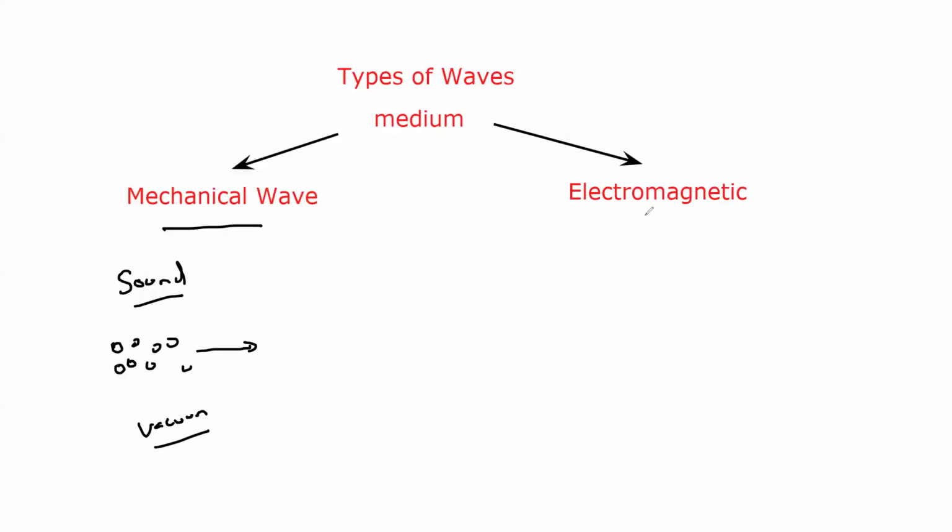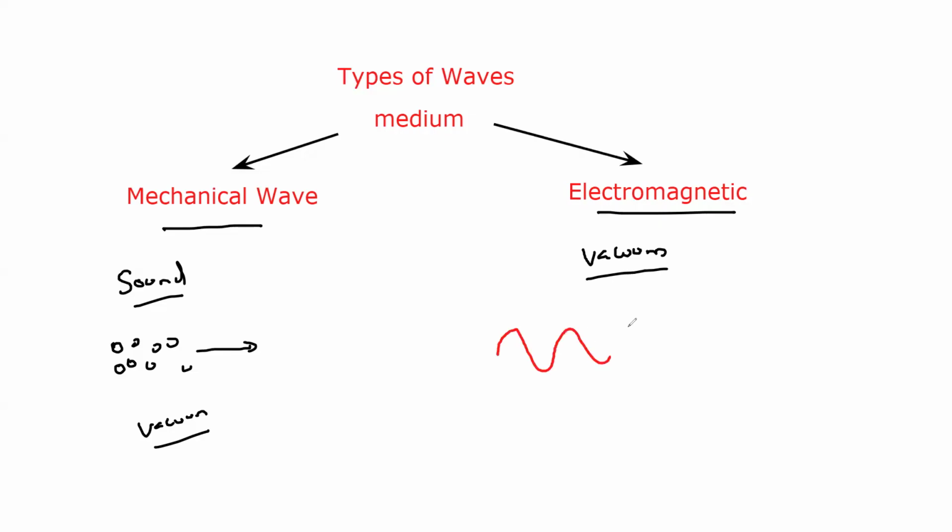Mechanical waves require a medium. But what about electromagnetic waves? Electromagnetic waves do not require a medium. Whether a medium is there or not, the wave can travel through a vacuum. That kind of wave, we call an electromagnetic wave, such as light waves, radio waves, microwaves, infrared, X-rays, ultraviolet, visible light.